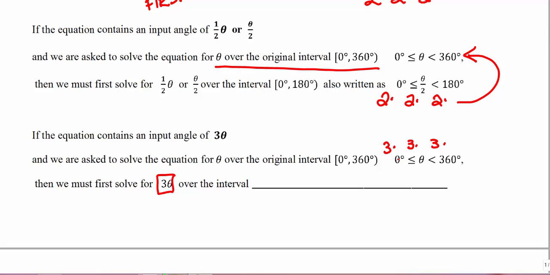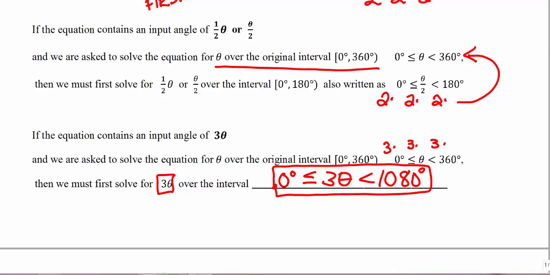So 3 times 0 degrees is 0 degrees, less than or equal to 3 times theta, less than 3 times 360, which is 1080 degrees. So we will first adjust the solution interval to solve for 3 theta between 0 and 1080.